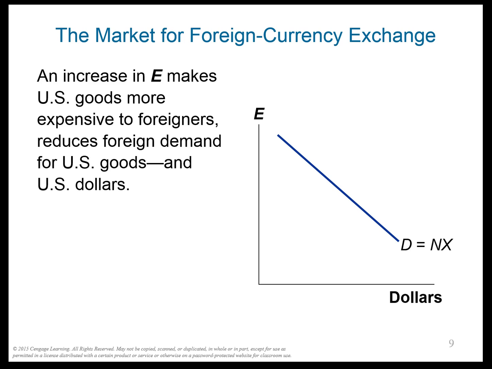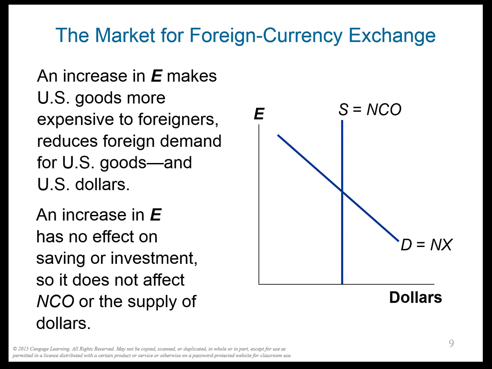Okay, now I'm going to put the demand curve, that is net exports, and then I'm going to put the supply curve. Now notice it's straight up and down. Go back a couple chapters and realize that in the market for money in the domestic market, the supply curve is also straight up and down. We called it the money supply curve. It has to be, because NCO is determined by the interest rate that I can get either in this country or in another country.